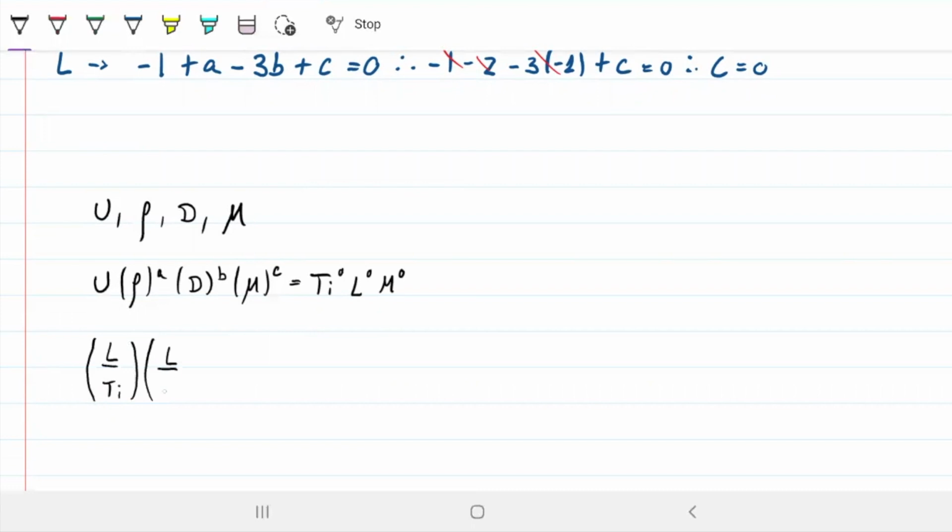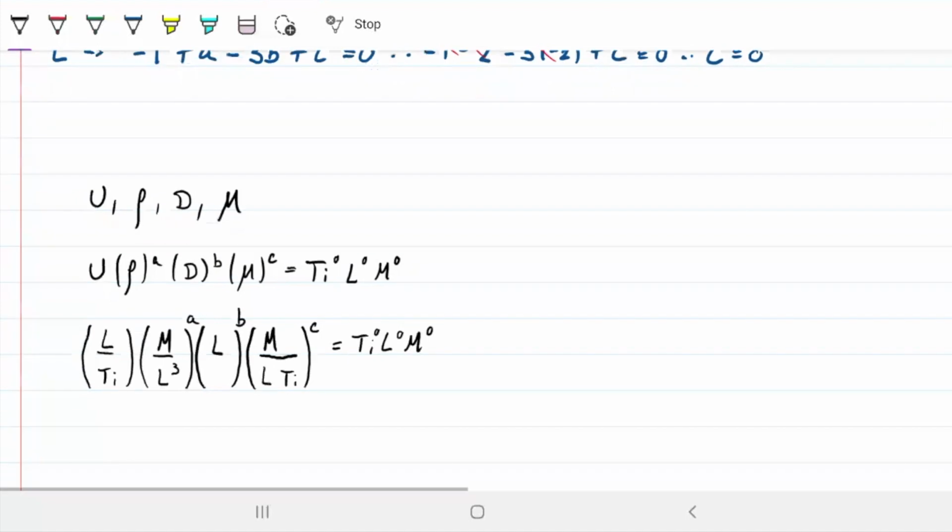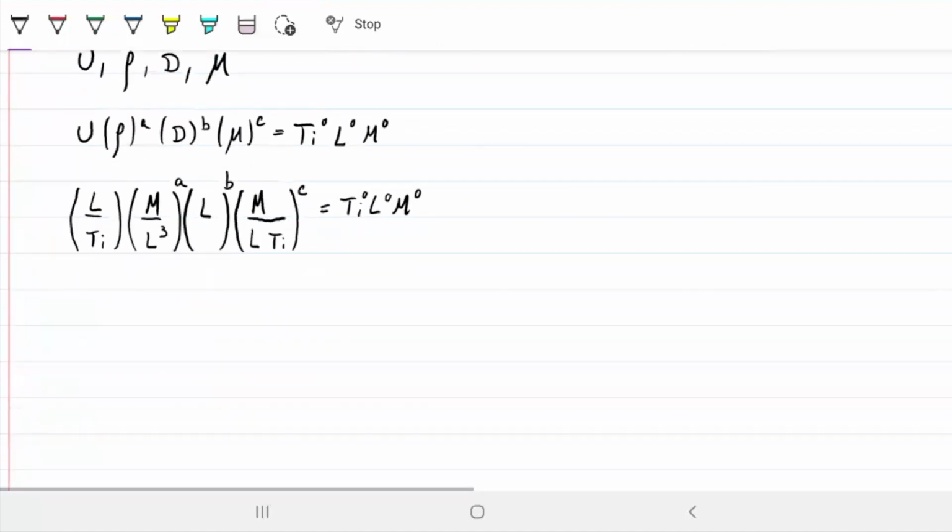Density, mass per length to the third. Diameter, length. Viscosity, I don't remember viscosity. What was it? Mass over length times time. And that is A here, this is B here, and this is C here, and they have to be equal to time, length, mass.